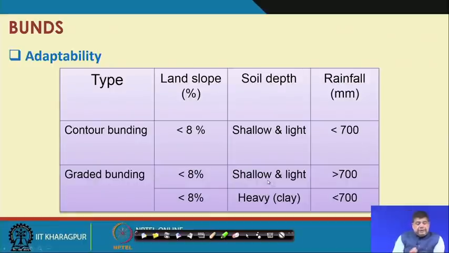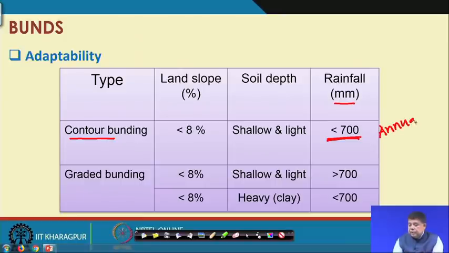Coming to adaptability of these two types of bunds, if you consider contour bund, then typically we adopt them for low rainfall areas, where the annual rainfall is less than 700 millimeters. Also, the land slope has to be less than 8%.